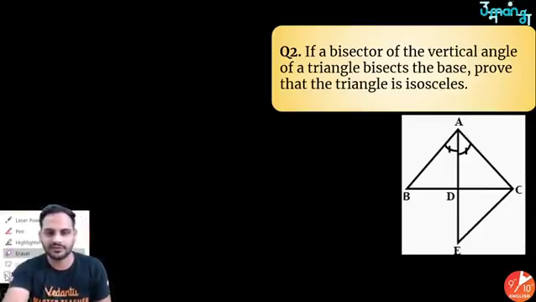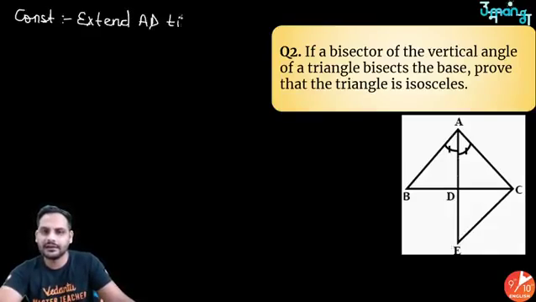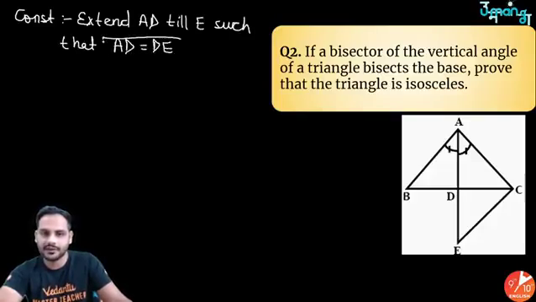So what is the construction, beta, in this? We are extending AD up to a point E. Extend AD till E such that AD is equal to DE. How much to extend?